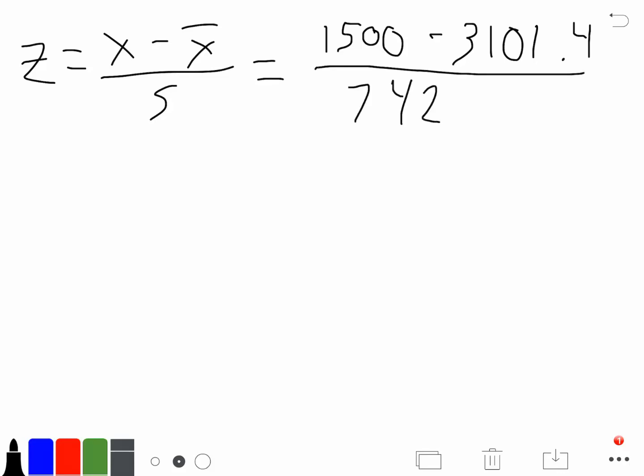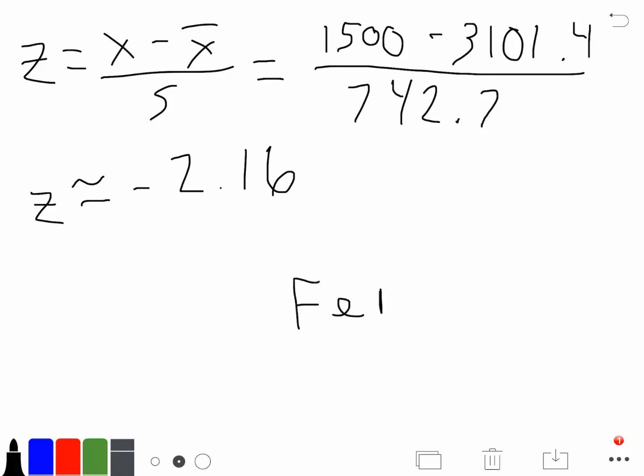That would be 742.7. Now again, plug this all in the calculator, and we can get ourselves a pretty close approximation of negative 2.16. And that was our female, by the way.